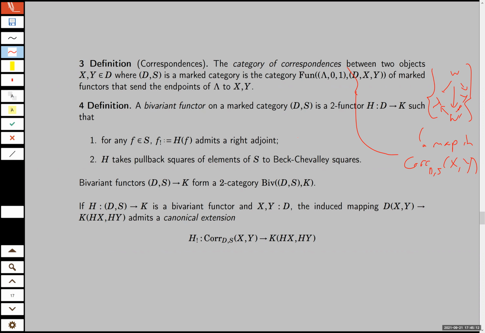Given a bivariant functor, for each individual X and Y, one can construct an extension of this thing, which does the thing that it must do.